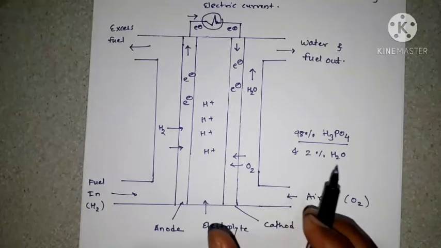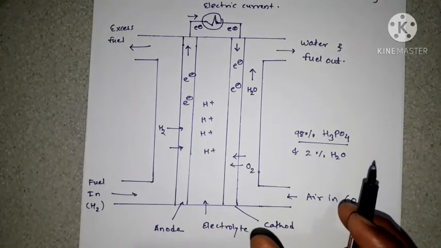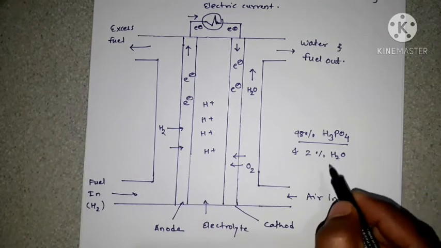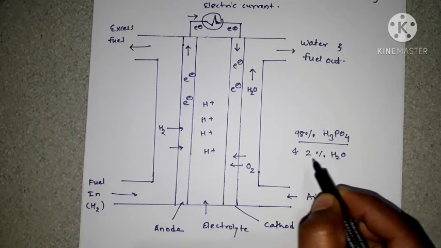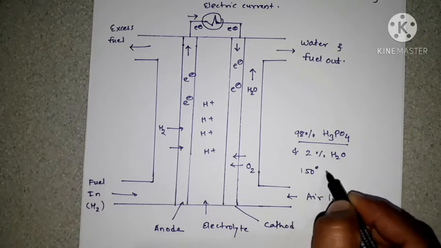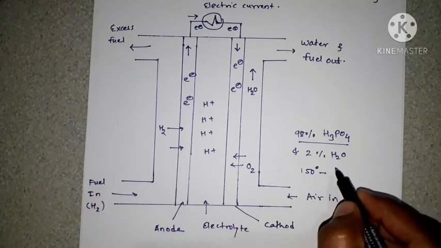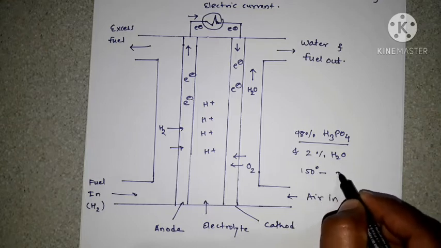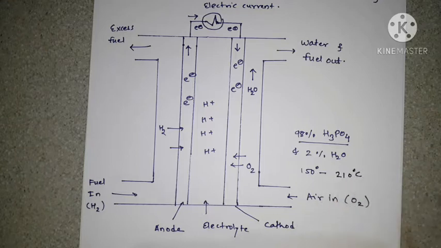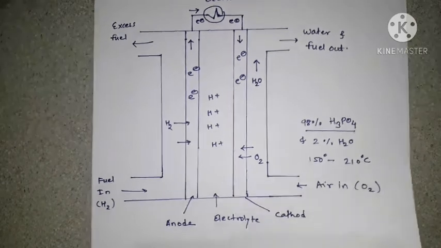Okay, then it is heated to about 150 degrees to 210 degrees Celsius as the operating temperature. What temperature is maintained in this phosphoric acid fuel cell? 150 degrees to 210 degrees Celsius.